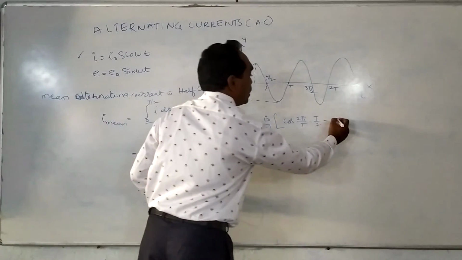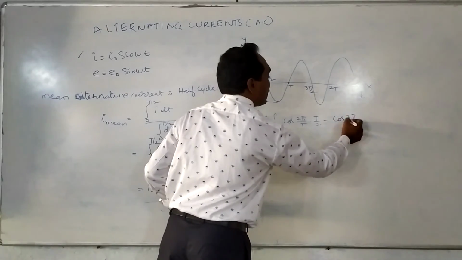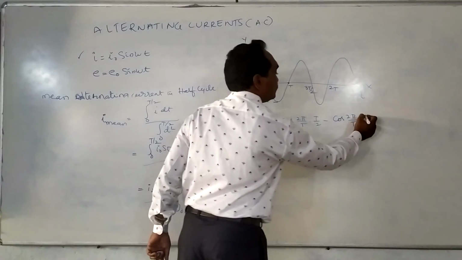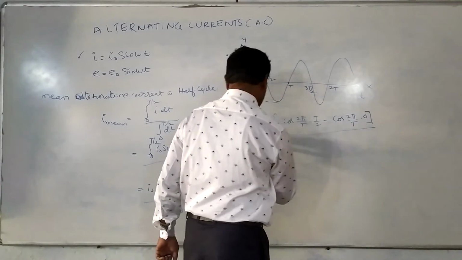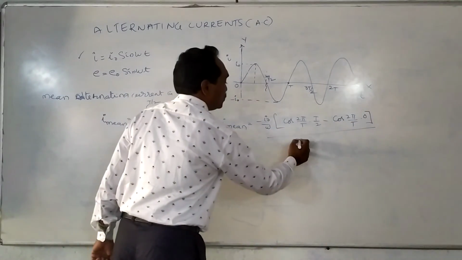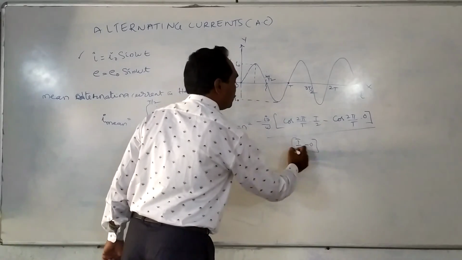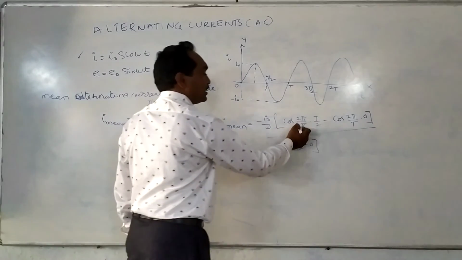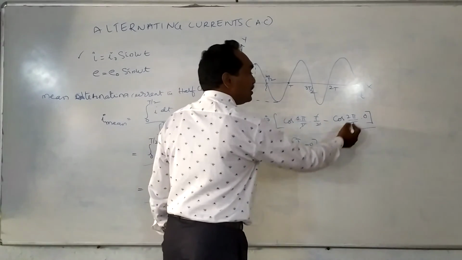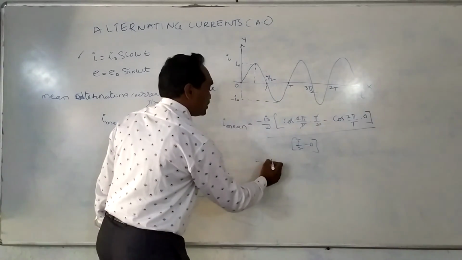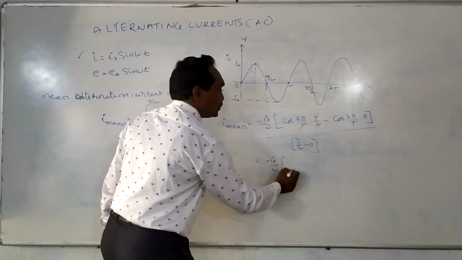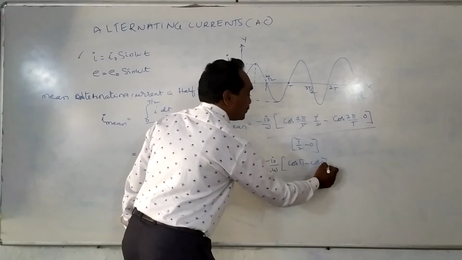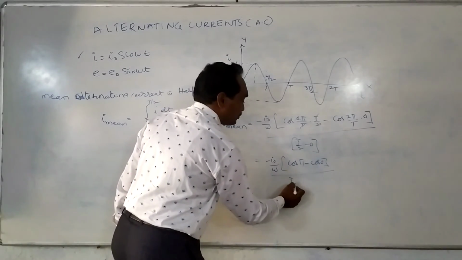Minus cos 2 pi by capital T into the lower limit, which is 0, whole divided by T by 2 minus 0. Here the T cancels, the 2 cancels. That is minus I naught by omega into cos pi minus cos 0, divided by T by 2.